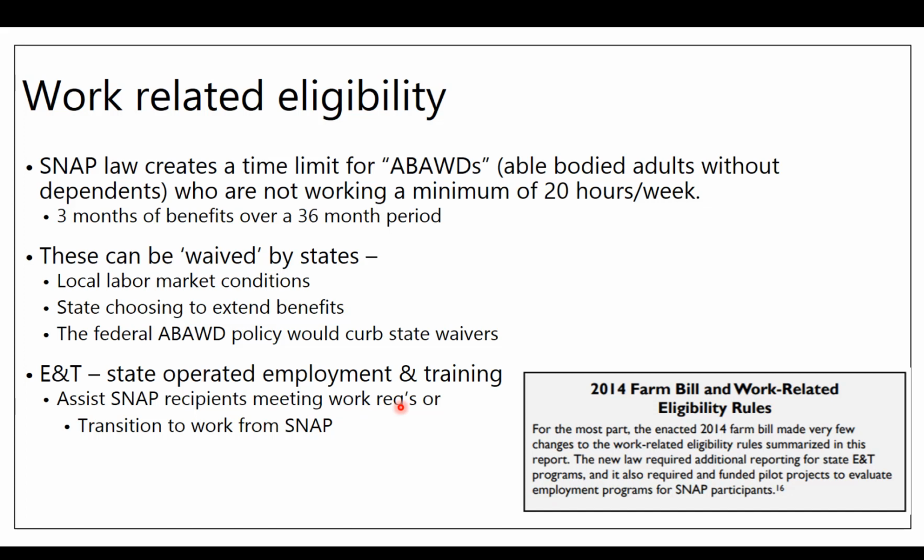And also there could be some public works projects that could prepare them for. The state hiring them to do things. And it's basically looking as a transitional path from SNAP into work.